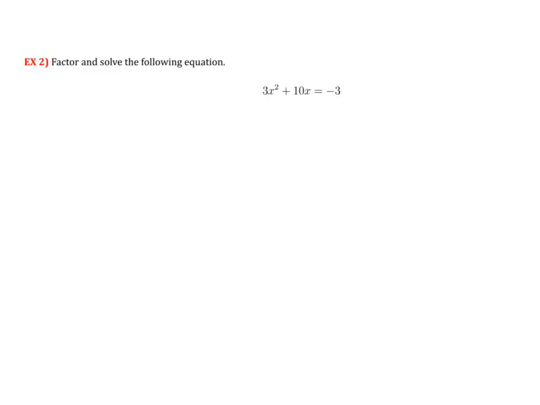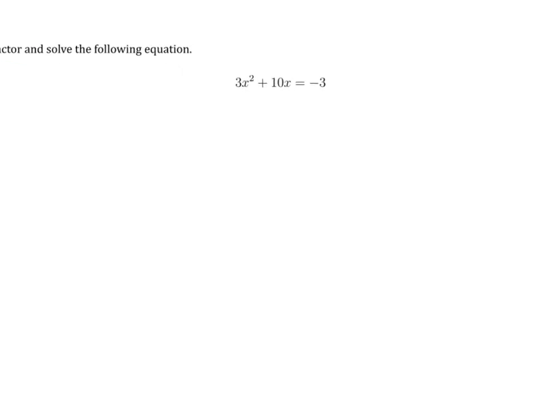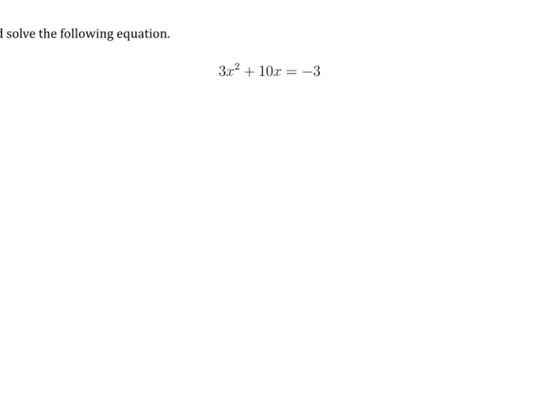Okay, so in this equation here, they're asking us again to factor and solve. But as I'm looking through this equation, I noticed that my first term, 3x squared, my a value is not 1. It's actually, in fact, 3. So first thing, as per usual, what we need to do is set the equation equal to 0. This is a must, because if not, we cannot use the zero product property rule.